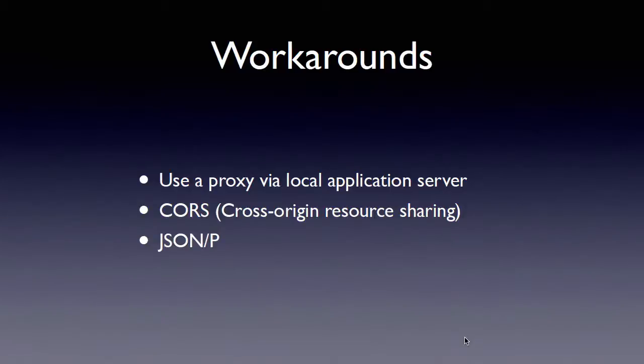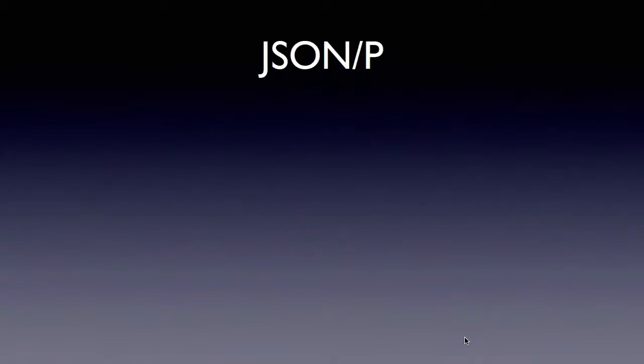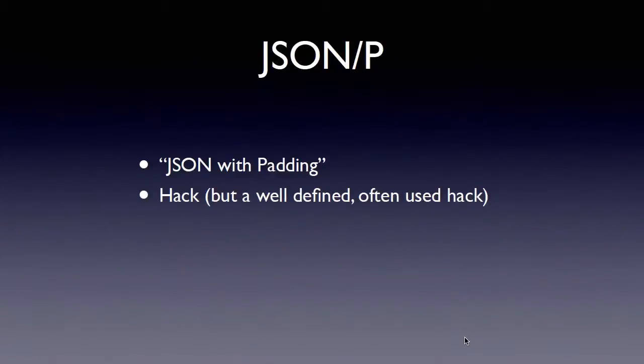The final option is JSON-P, or JSON with padding. So JSON-P is a hack. You should be aware of that. But it's a hack that's been around for a very, very long time, and it's used so much that it's okay. Normally we say don't try hacks, but this one has been around for a while and it's well thought out.